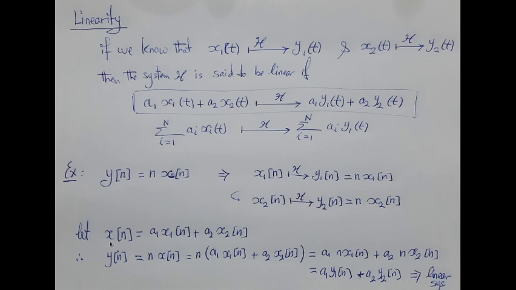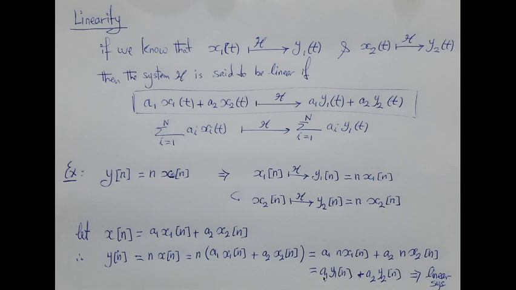And now we will have our input x of n, which is composed of x1 of n plus x2 of n, a linear combination of x1 of n and x2 of n using the constants a1 and a2. Let's try to find the output y of n. The output y of n is n times x of n, and x of n is simply a1 x1 plus a2 x2. In this case, we can move n inside the bracket and we will get a1 n x1 plus a2 n x2. n x1 is y1 and n x2 is y2.